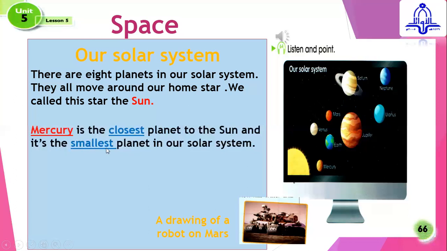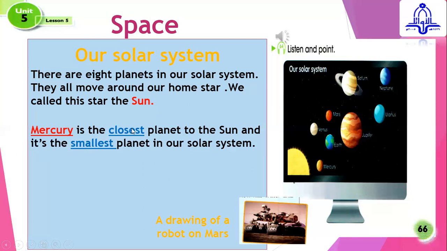And it is the smallest planet، وهو الكوكب الأصغر in our solar system، في مجموعتنا الشمسية. Again, Mercury is the closest planet to the sun, and it is the smallest planet in our solar system. هو الكوكب الأقرب إلى الشمس، وهو الكوكب الأصغر.